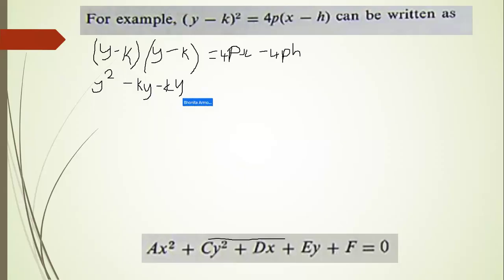And minus k times minus k will have plus k squared. And of course, this is equal to 4px minus 4ph.